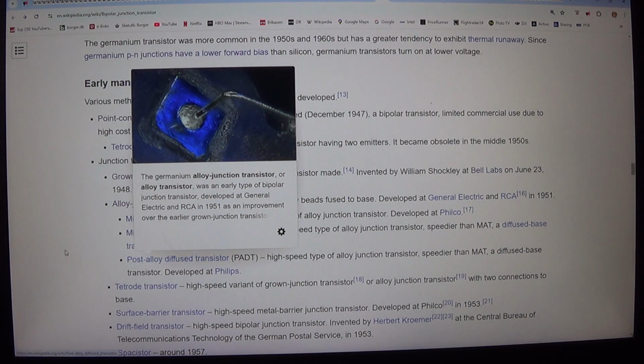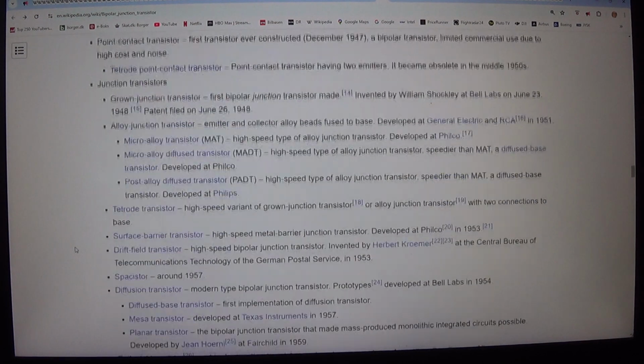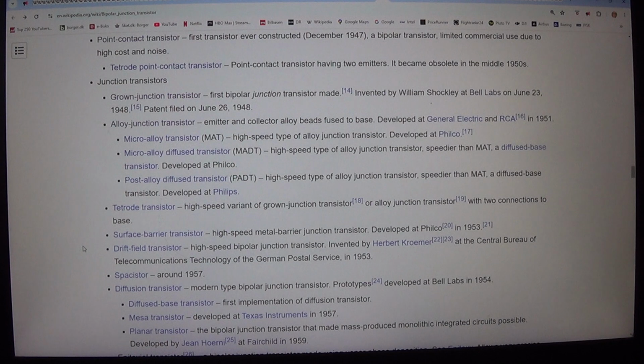Two, alloy junction transistor, emitter and collector alloy beads fused to base. Developed at General Electric and RCA in 1951. One, microalloy transistor, MAT, high-speed type of alloy junction transistor. Developed at Philco.